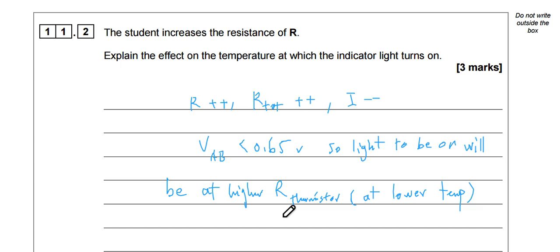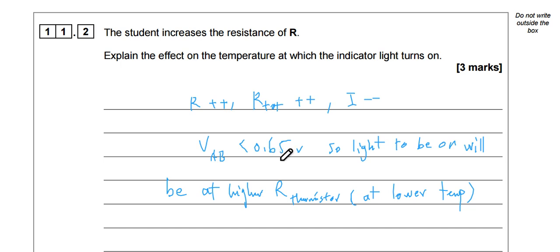As R increases, the total resistance in the circuit increases, I decreases, and VAB will be less than 0.65.